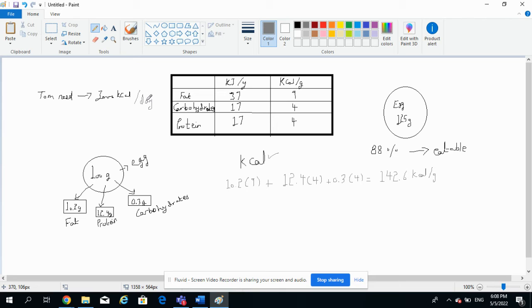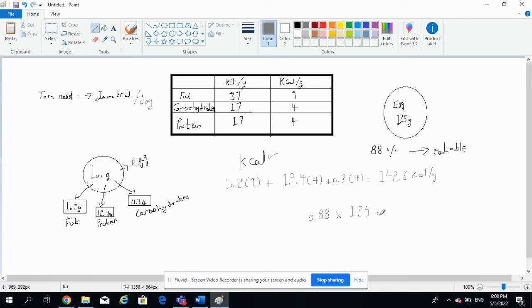Now first you have to calculate the nutrition which he's getting out of the 125 gram boiled egg. So you multiply 0.88 with 125 to get the value in gram of how much Tom can eat.